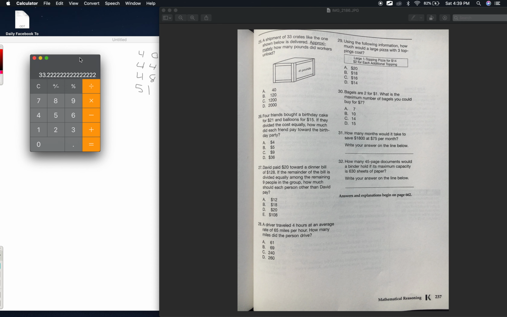So how we figure that out is there are 33 crates, and each one is 41 pounds. So the total amount of pounds is 1353. Okay, so basically the closest one to that would be number C, which would be 1200.